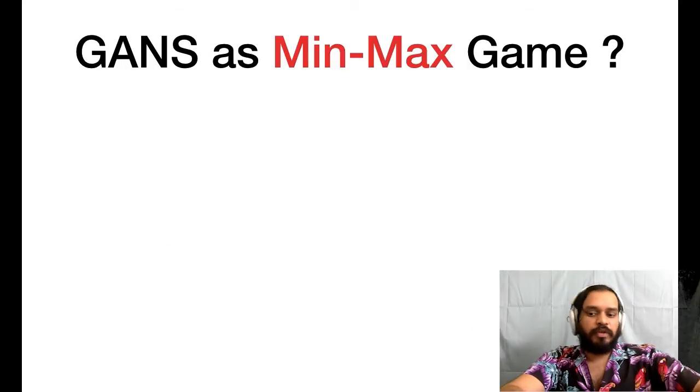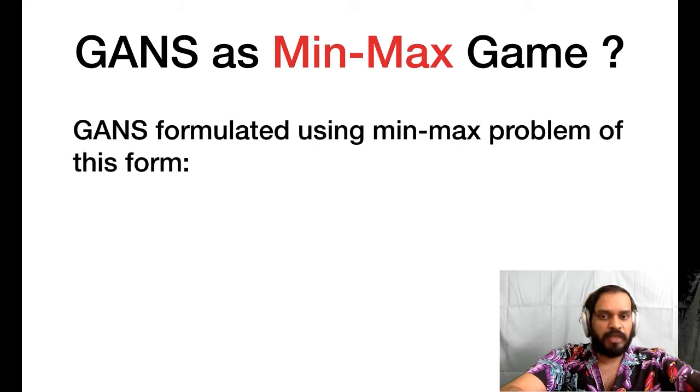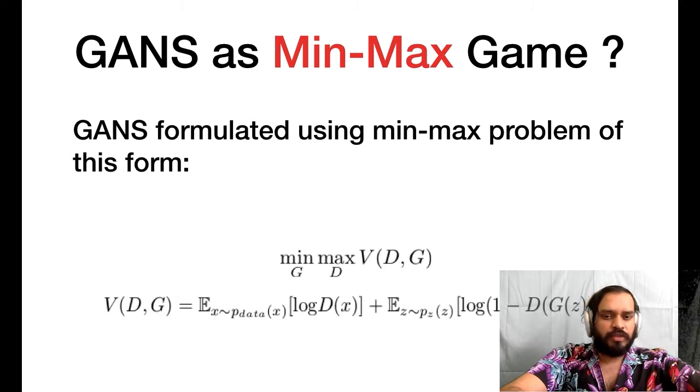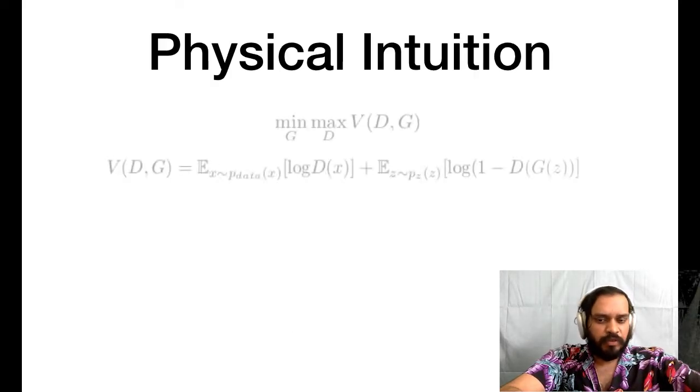So now we will have a look at the mathematical expression which is used to represent the GANs as a min-max game. Okay, so here is the formula for the same, the objective function. So what does this objective function actually mean?